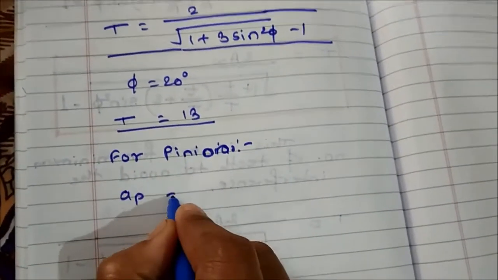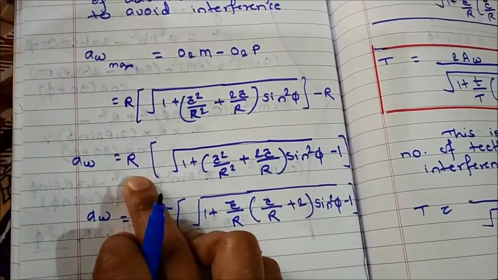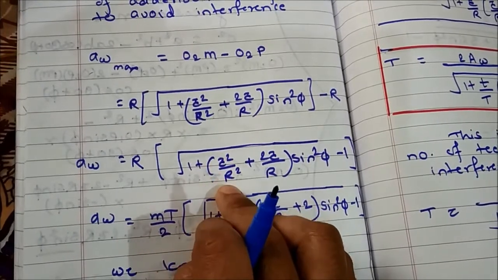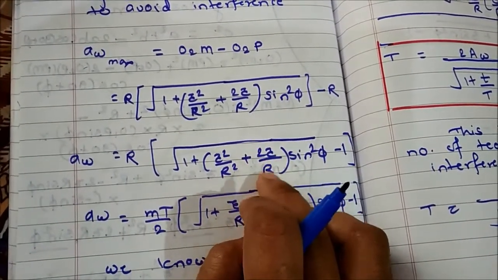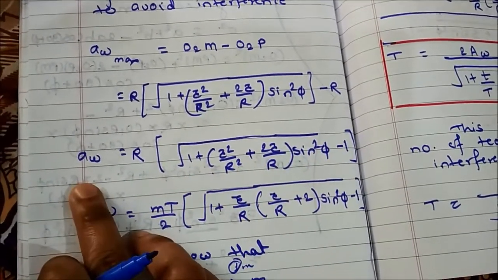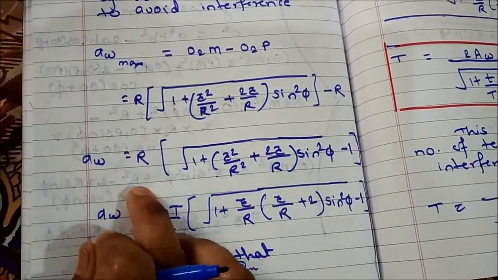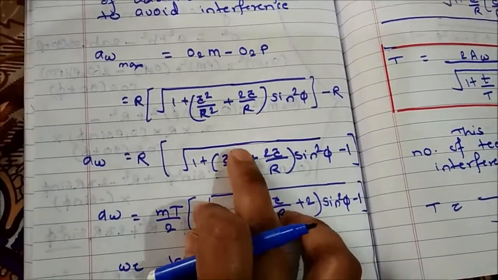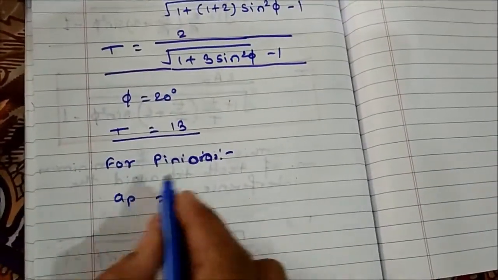It is equal to, now here AW is equal to capital R under root of 1 plus small r square divided by capital R square plus 2 small r divided by capital R sine square phi, minus 1. So for AP, instead of this capital R it becomes small r. Similarly we are going to change over here. So let me write that equation.